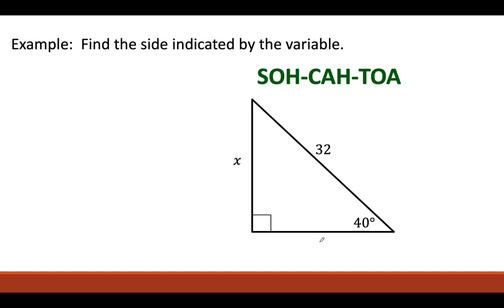Well, the first step, let's label our sides. 32 is facing our right angle, so it has to be our hypotenuse. And 40 is opposite from side x, so that side needs to be our opposite. So the remaining side is our adjacent.